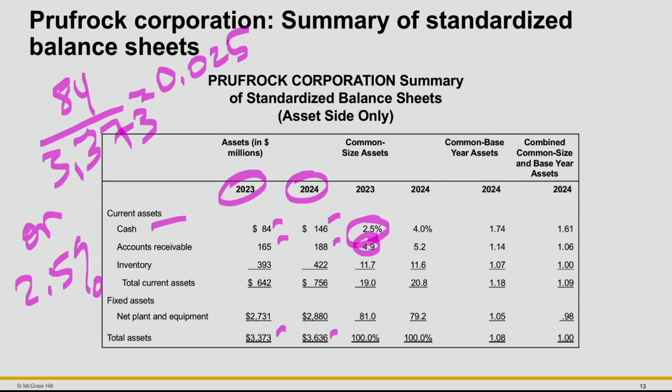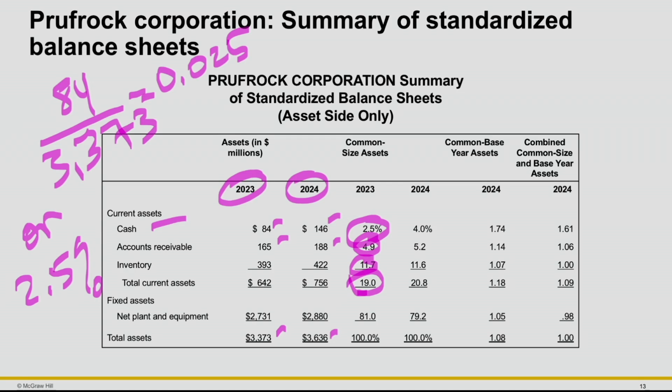Inventory is almost 12%. And the entire current assets make up 19% of total assets. So that means that 81% of our assets are tied up in long-term or fixed assets, plant, property, and equipment. So that's a typical common size balance sheet.